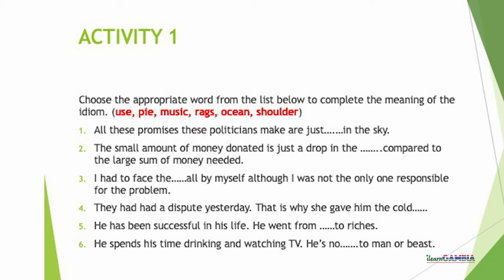Look at number 1. All these promises these politicians make are just dust in the sky. We are to choose either use, pie, music, rags, ocean, or shoulder to fill that space.